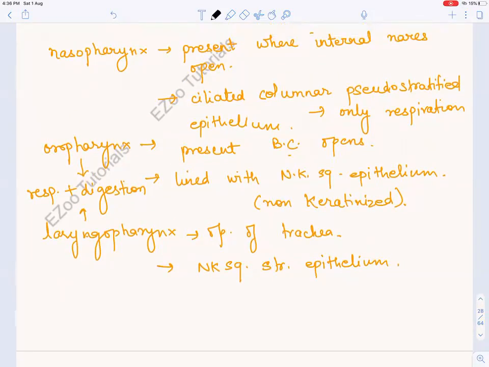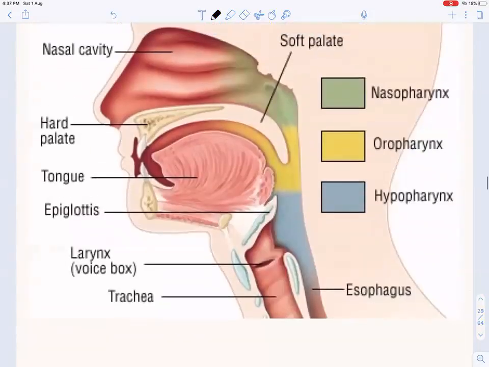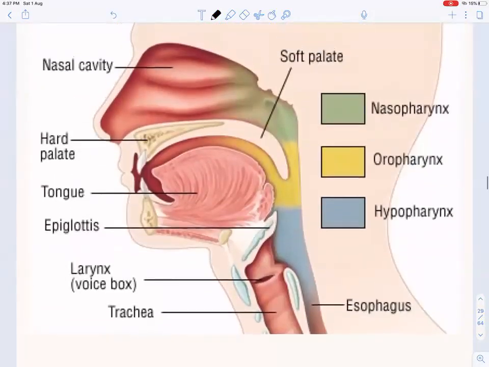We have already done vocal cords, so no need of doing vocal cords again here. We have already done that in a lot of detail. So this structure will make you very clear. This is the tongue, this is the hard palate, this is the nasal cavity. Can you see these meatuses that we talked about in respiration?